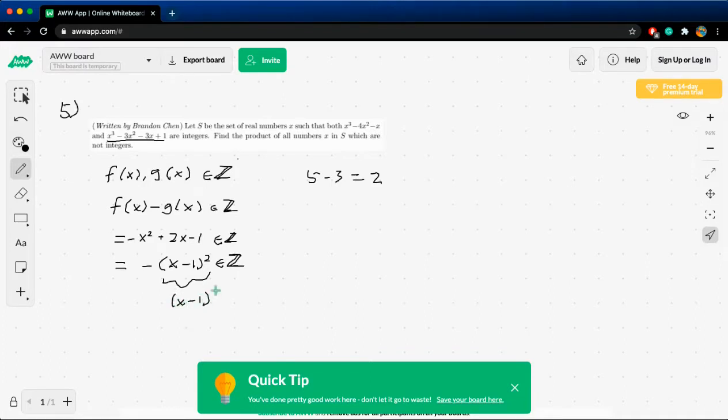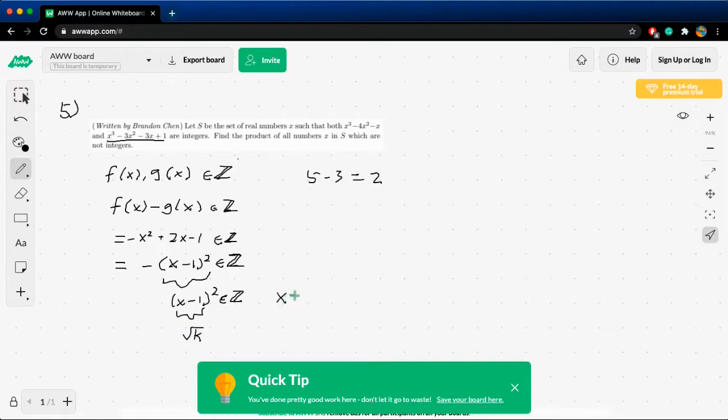Well, obviously, if x is an integer, it works. But we know that x is not an integer, so what do we do? Well, let's look at x minus 1. That means x minus 1 must be the square root of an integer. So let's write x minus 1 as the square root of k.